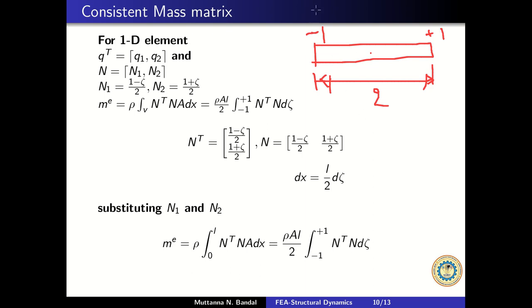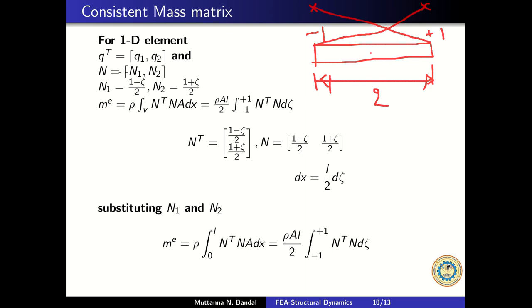And the shape function for that one will be like, at N1 it will be maximum, and as it moves it becomes 0 at the other node. Similarly, if I take the shape function N2 at node 2, the effect of the shape function is maximum at node 2, and as it moves towards node 1, it is 0. So we already know how the shape functions vary over an element length.